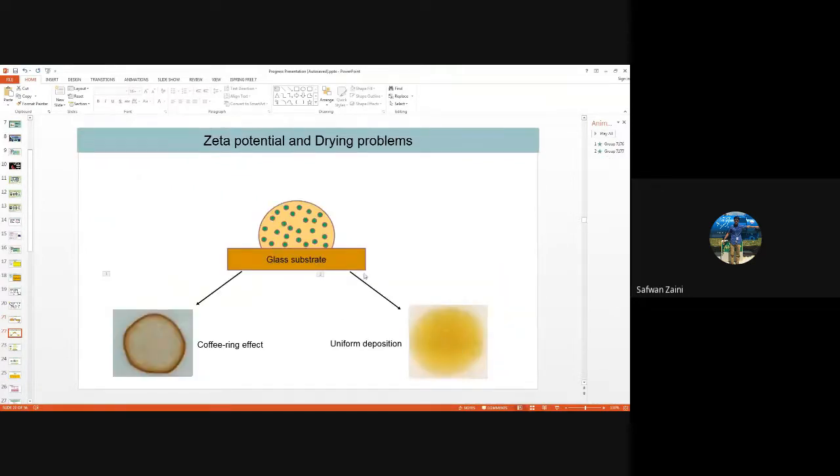With this in mind, if we deposit the dispersion containing particles, which is carbon, on the glass substrate, it turns out that there are conditions where we get a classic coffee ring effect, and of course there are conditions where you get a more uniform deposition of particles throughout the deposit.